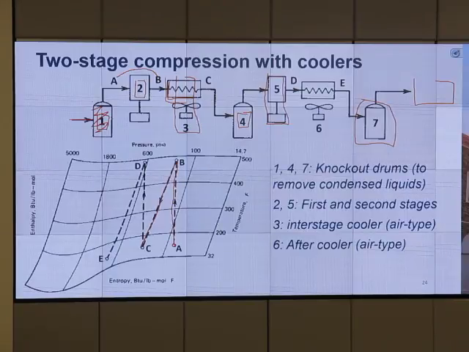Okay. So once we pass the interstage cooler, we go to number 4. Number 4 is to remove any droplet. Pressure and temperature stay the same. So we compress it again, so it goes up, straight, at constant S. Then we reach point D. Once we are at point D, we cool it down, then we get point E. So this is how the Mollier diagram is related to the diagram above.